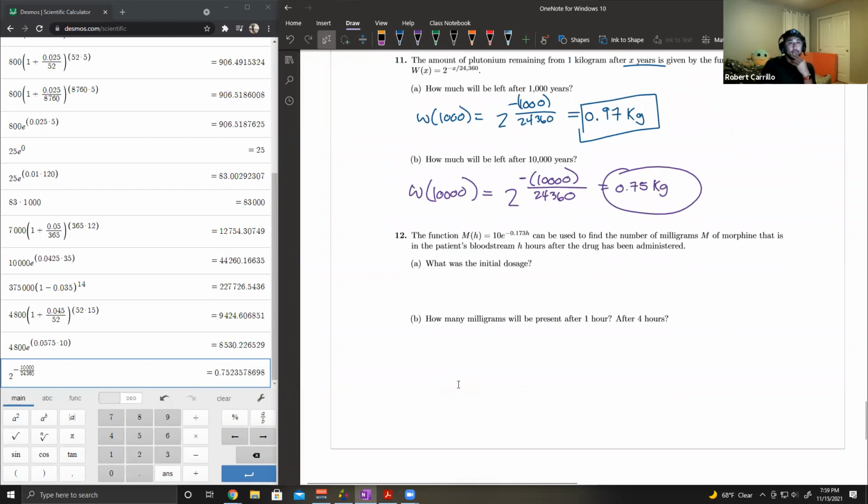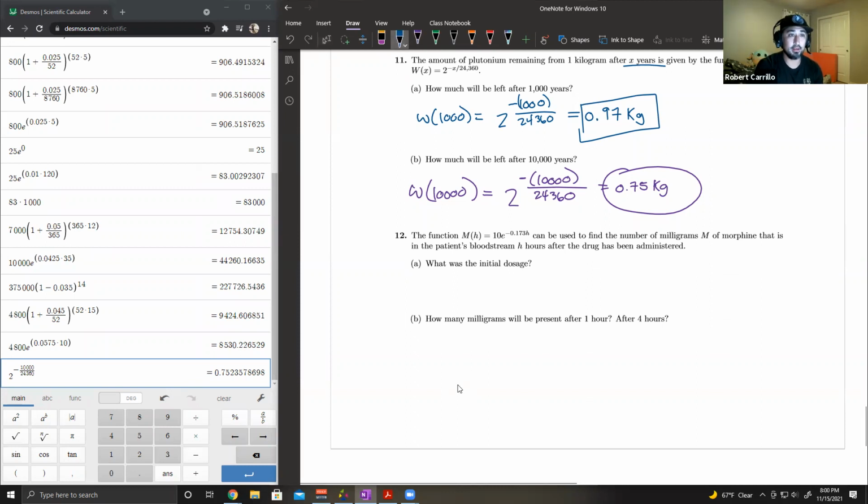Okay. 12. The function m of h equals 10 times e to the negative 0.173h can be used to find the number of milligrams m of morphine that is in the patient's bloodstream h hours after the drug has been administered. Okay. So what was the initial dosage?